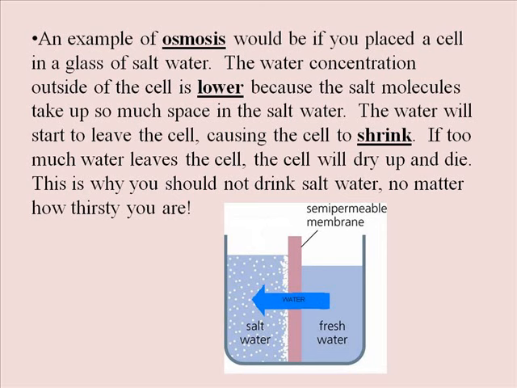So since there's more water inside your cell than in the same size space in the cup, water molecules will actually leave your cell, causing your cell to shrink. If too much water leaves your cell, the cell will actually dry up and die.